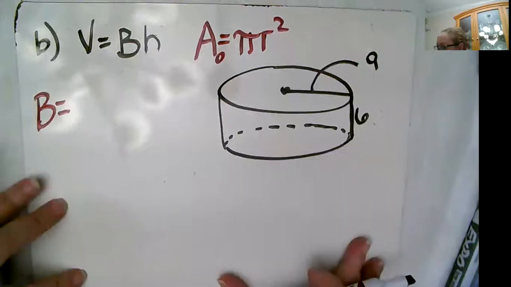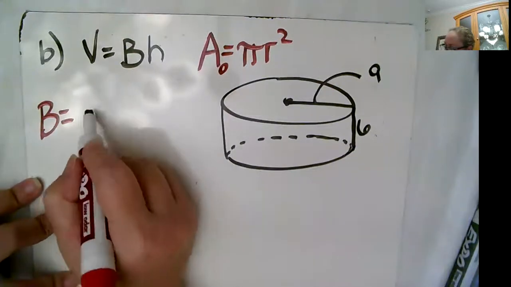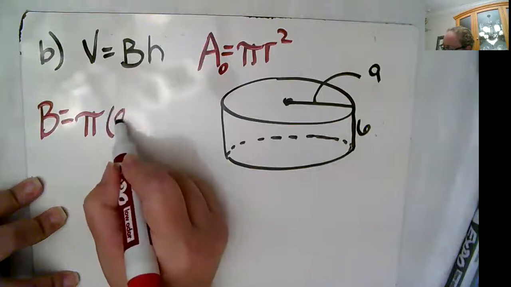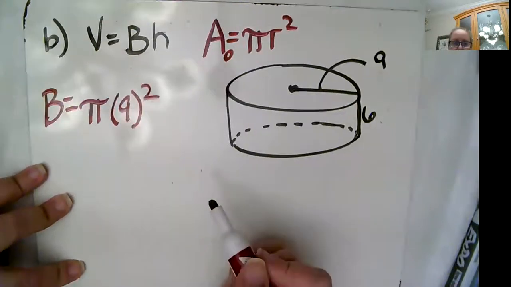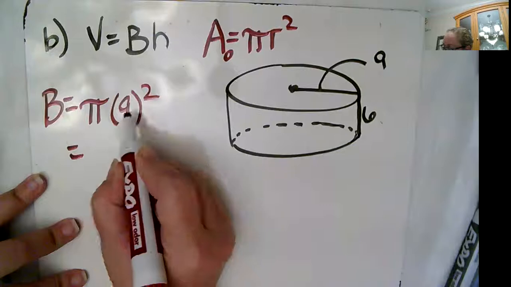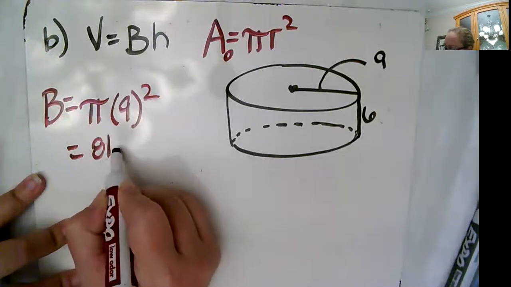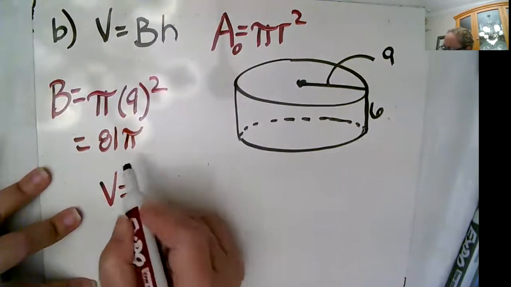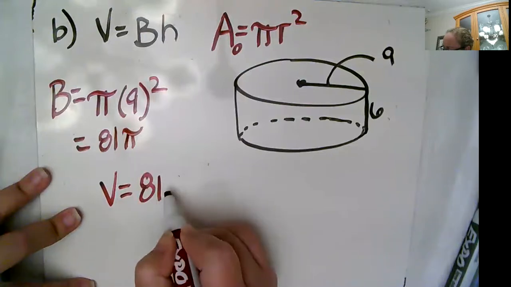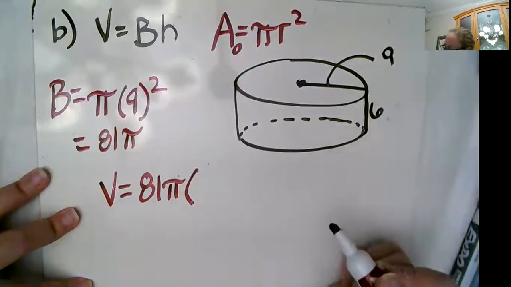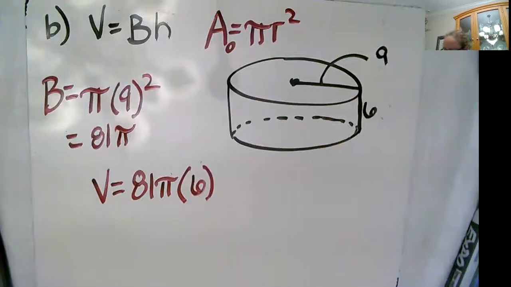So we're going to figure out that part first, which is pi, the radius, which is 9, and squared. We're not going to multiply by pi. We're going to just keep it like that for now. Well, 9 squared is 81, so we have 81 pi. To find the volume, it's that big B, 81 pi times the height, which is 6.